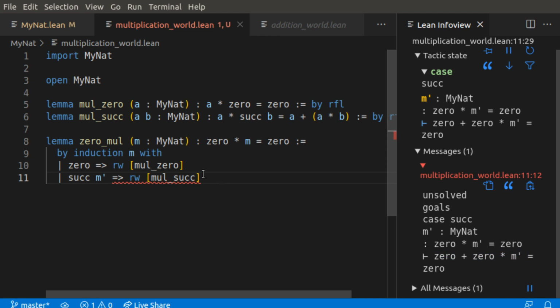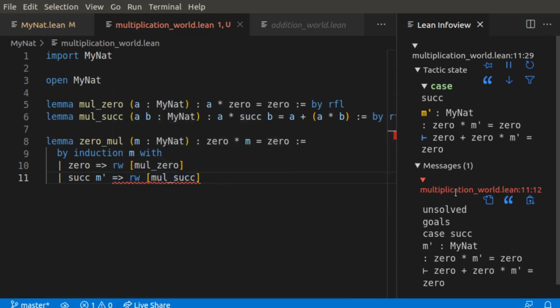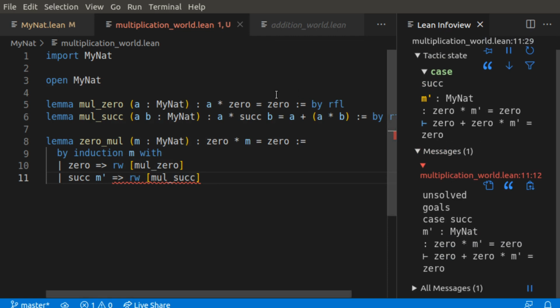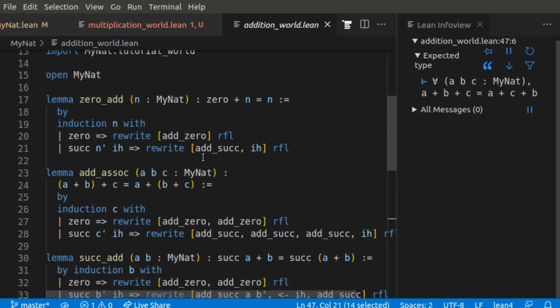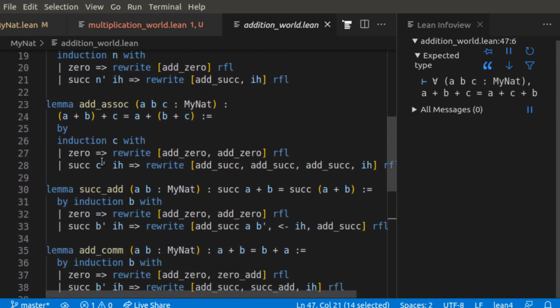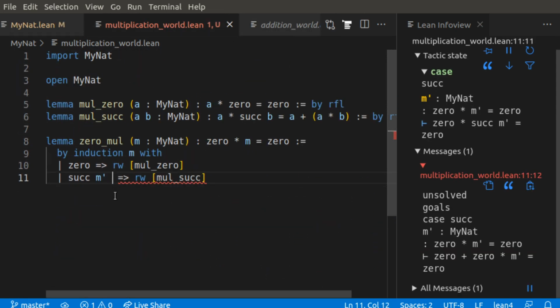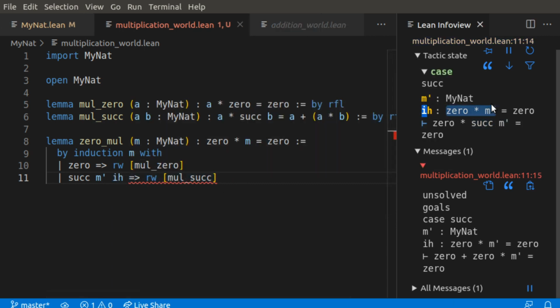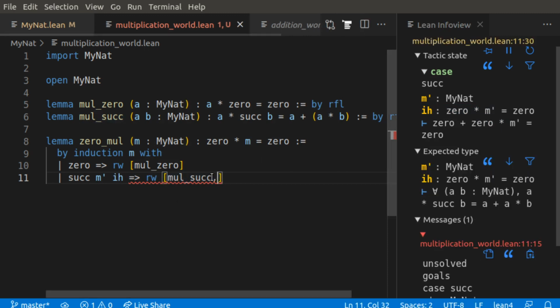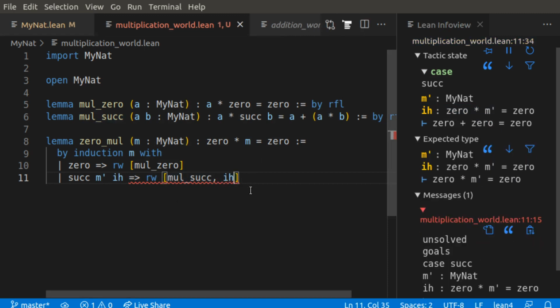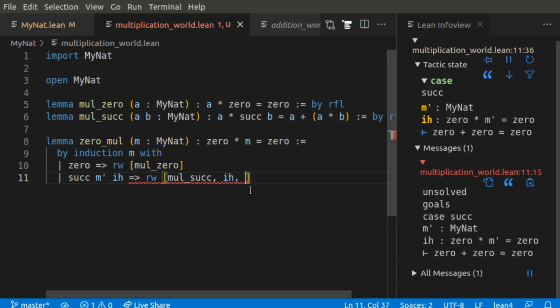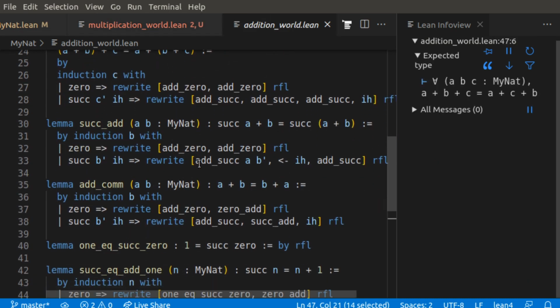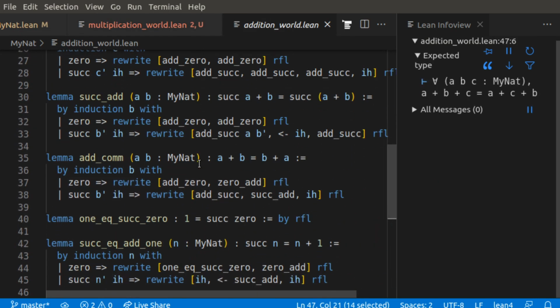Okay, let's apply our hypothesis. How do we access our hypothesis again? Let's see what we did. Oh, we need to add induction hypothesis to give that a name. So mul successor, and then inductive hypothesis, and then add 0 from our addition world, or 0 add.